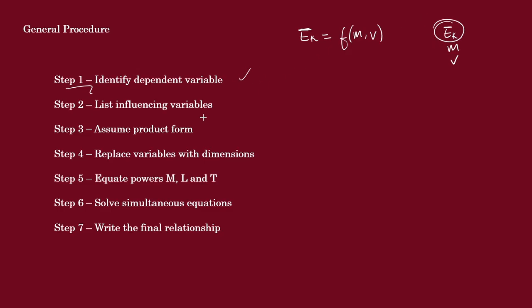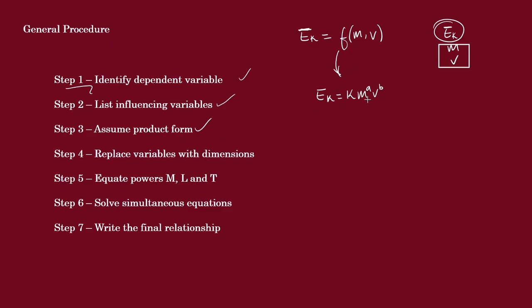We've done that. Then list the influencing variables, so everything else that is not the dependent variable. That's going to be m and v. Then assume product form. You translate the function of m and v to be a constant times m raised to some power times v raised to some power.